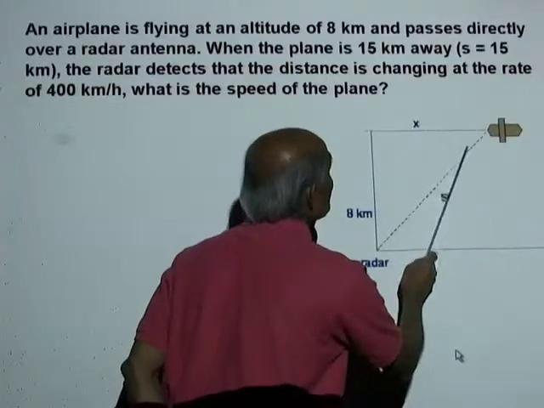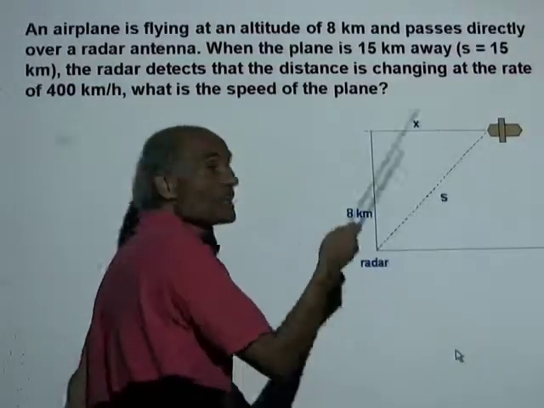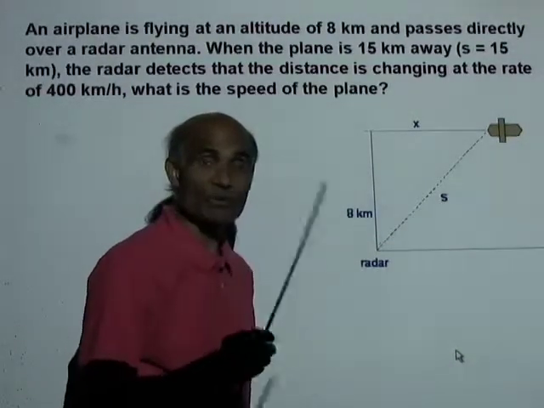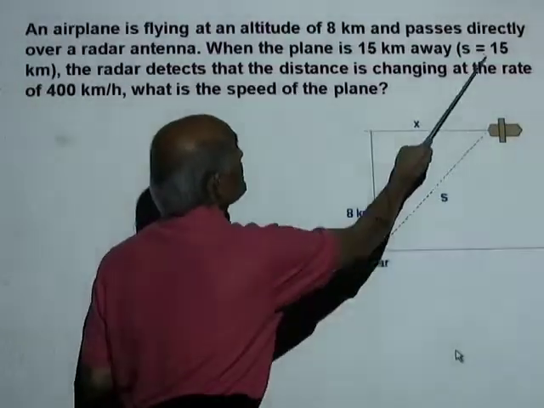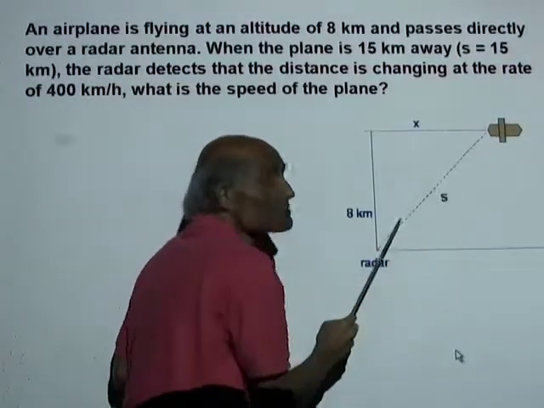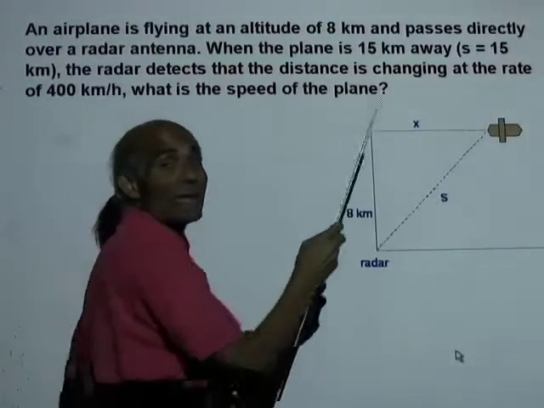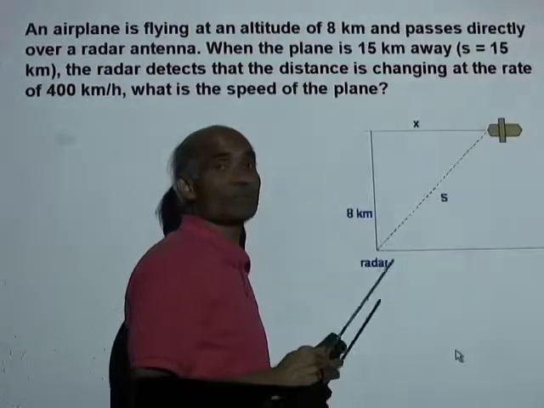It's very important, so you have to write that down. When s equal to 15 kilometers, ds by dt is 400 kilometers per hour. And at that instant, we need to find dx by dt.